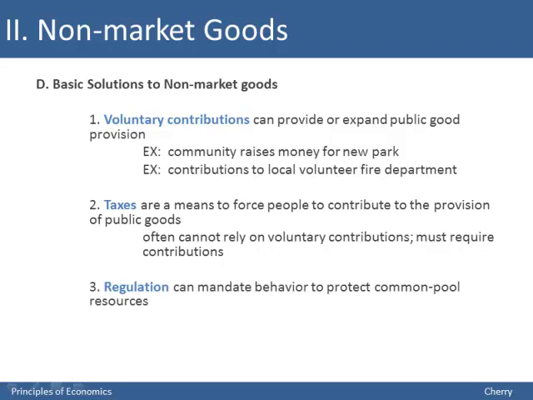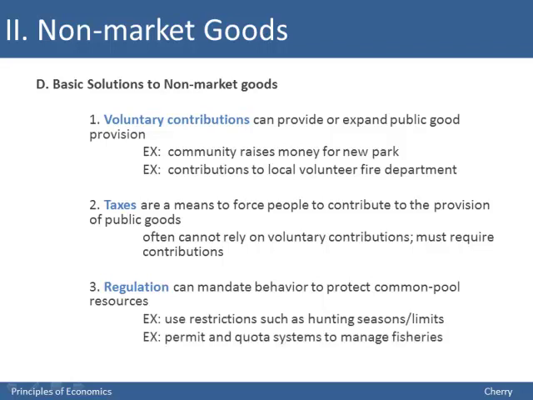And then we can have regulation, which can mandate behavior to protect a common pool resource. So for instance, we can regulate how often a rancher can use a public land. We can have hunting seasons or hunting limits. We can have permit or quota systems to manage the fisheries. So there are regulations that can help protect the common pool resource.